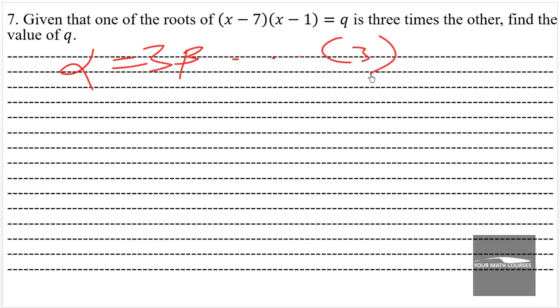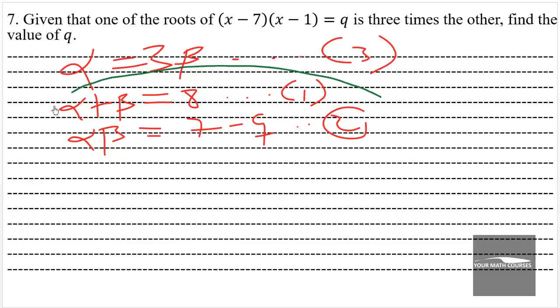Remember the other equations are alpha plus beta equals 8, then alpha beta equals 7 minus q. So we have to put equation 3 in equation 1 and equation 2 because it is already made a subject for us.